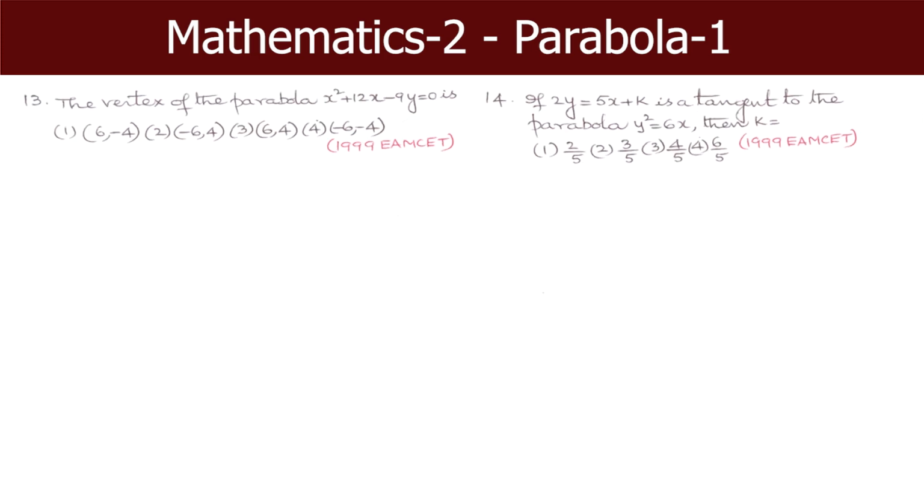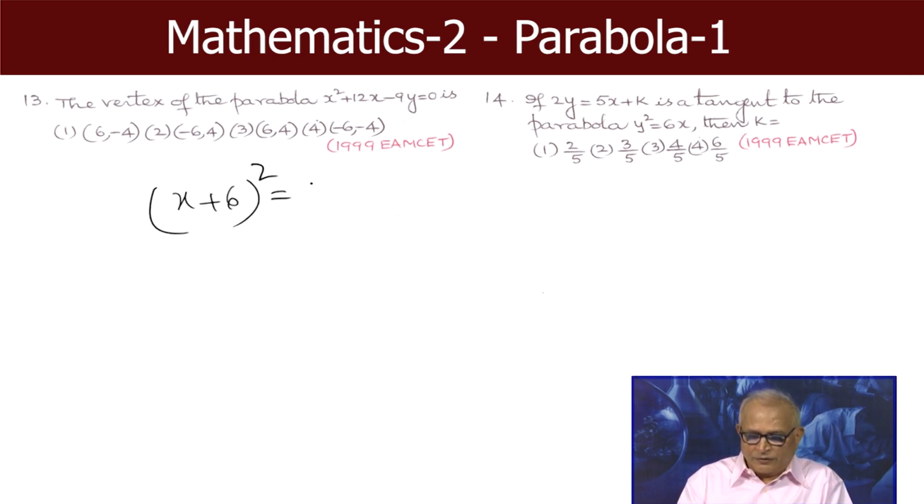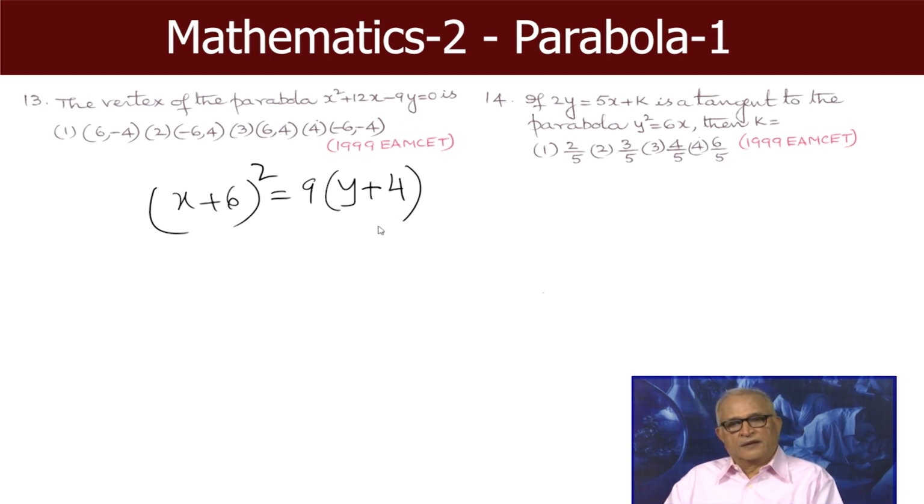13. The vertex of the parabola x square plus 12x minus 9y equal to 0 is? Well, the equation is (x plus 6) whole square equal to 9 times (y plus 4). And when you shift the origin to (-6, -4), this is X square equal to 9Y.